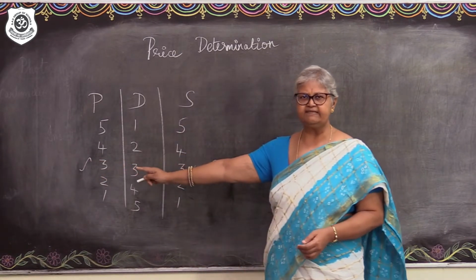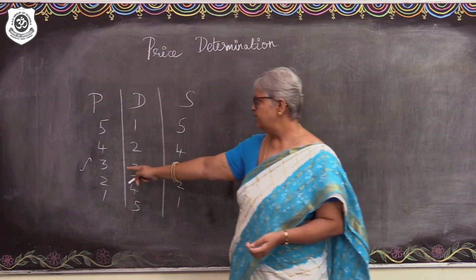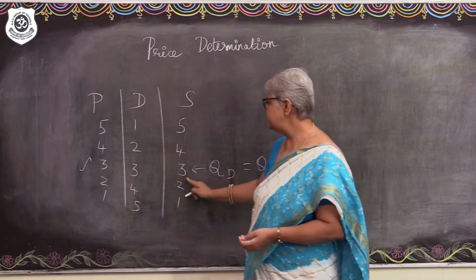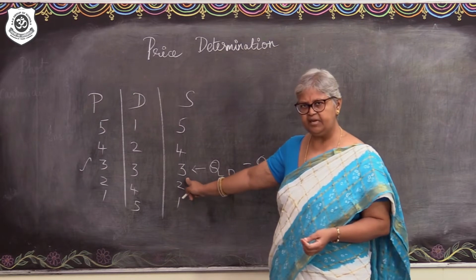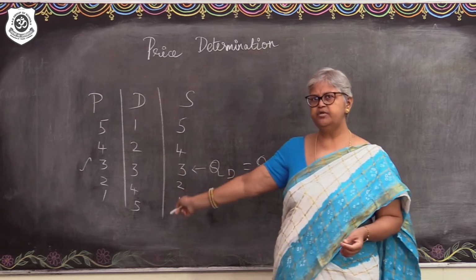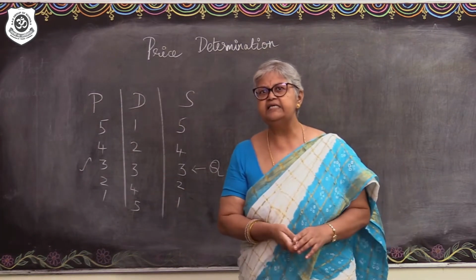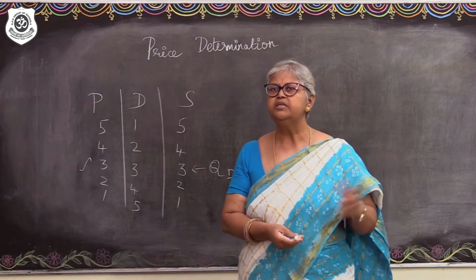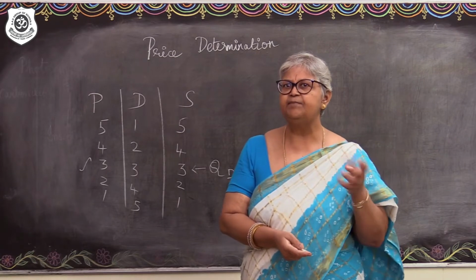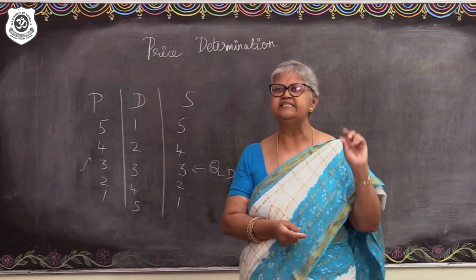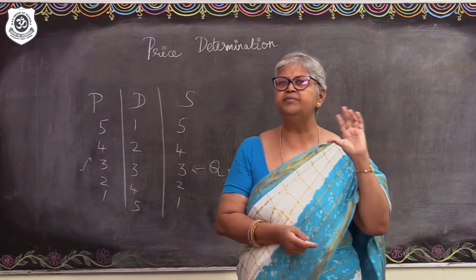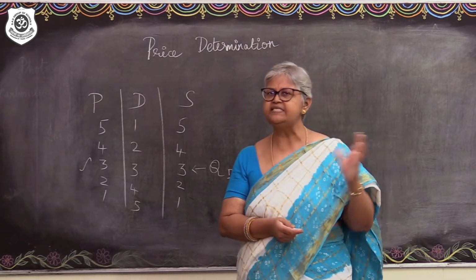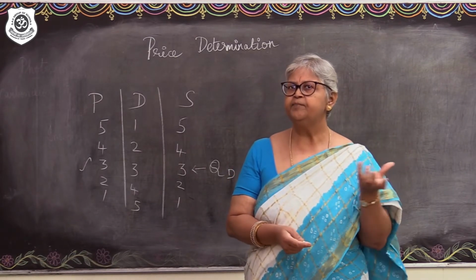When the price is 3 in the market, the quantity demanded is equal to the quantity supplied, or the producers and the consumers come to a common consensus to demand and supply at a specific price, and that is the equilibrium price. So, what is the equilibrium price in the market?